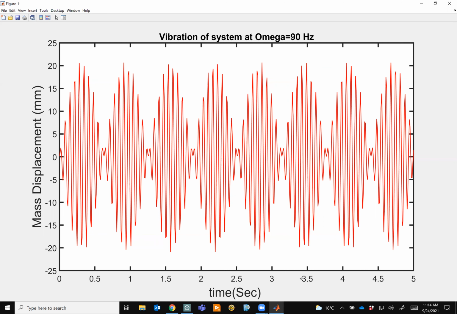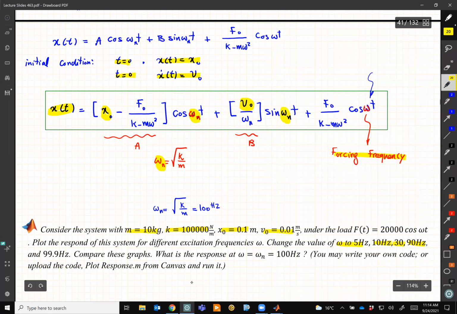This is a phenomenon, in fact, that happens and people refer to it as the beating phenomenon. Okay, so beating always happens when there are two waves whose frequencies are close to each other. Remember the scenario that we tried was 90 hertz and our natural frequency is 100 hertz.